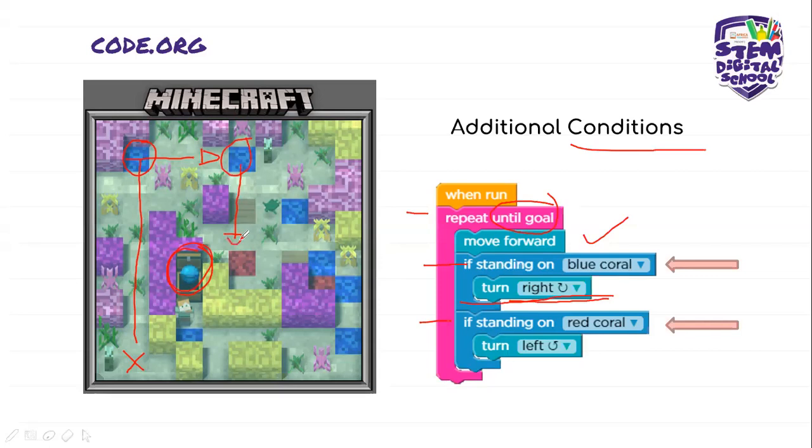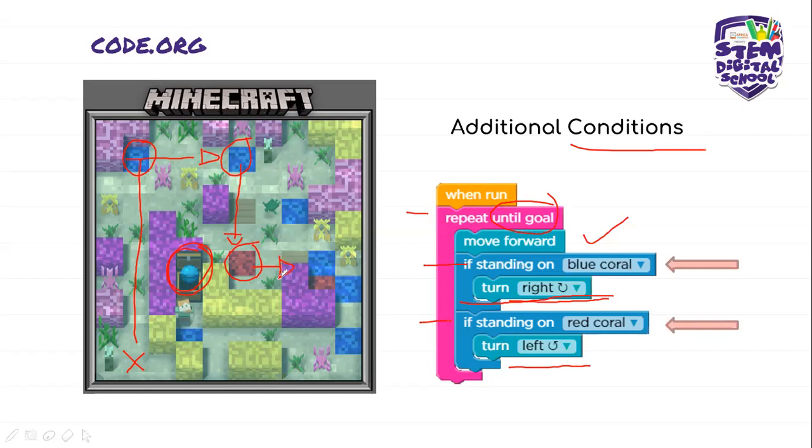Yes. But once it gets to this square over here, which is a red piece of coral, it will keep running through the program, and then it finds another condition. If standing on red coral, and then there's a new command, turn left. And remember, we're coming from the top, so left will be going that way.